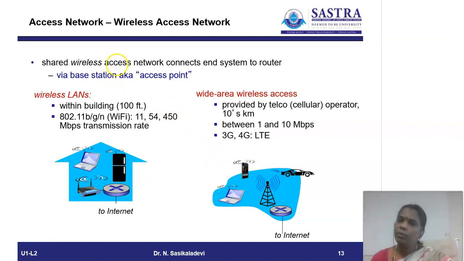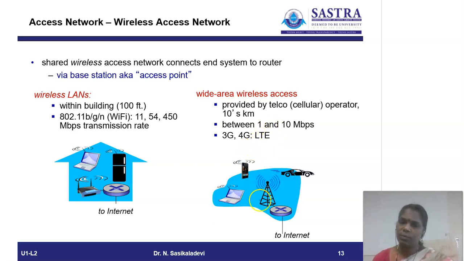For worldwide access, we have the wide area access network. In the wide area access network, we can contact the cellular company, and it provides internet access. The range is 1 Mbps to 10 Mbps. Based on 2018 data, we have 3G and 4G cellular communication, and nowadays we have 5G. 5G is not yet available in India, but we are going from 4G to 5G and 6G.